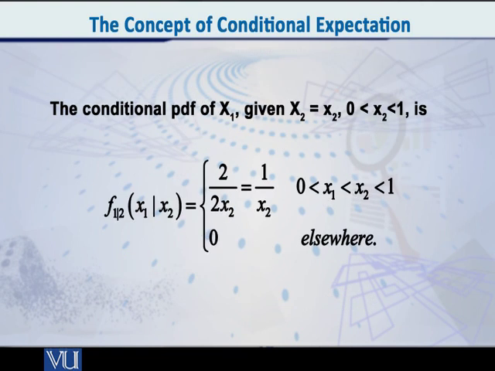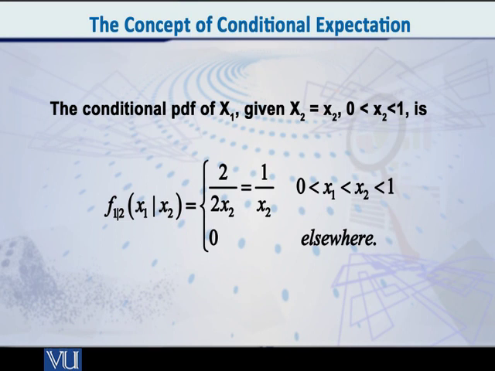Now that we have found the marginals, my dear students, we can also find the conditional distribution. If we want to find the conditional PDF of x1 given x2 equal to small x2, then what should we do? We should simply divide the joint density expression by the marginal of x2.